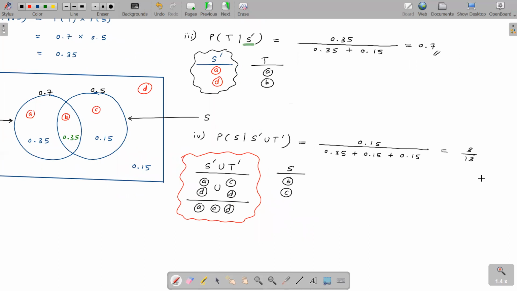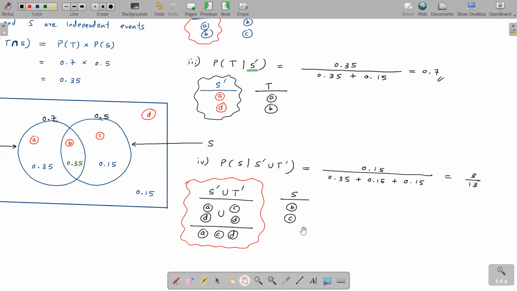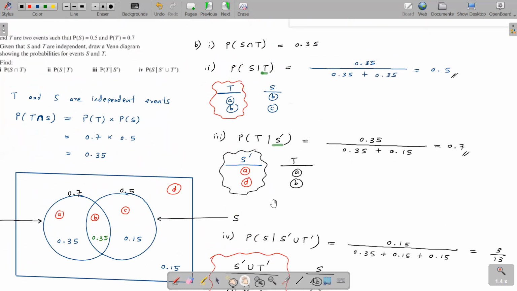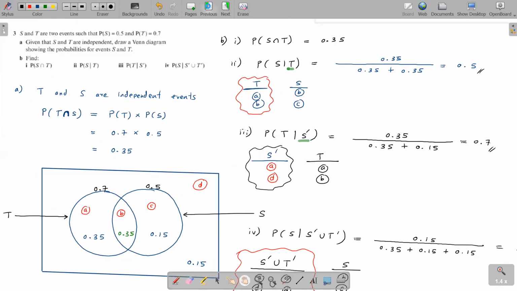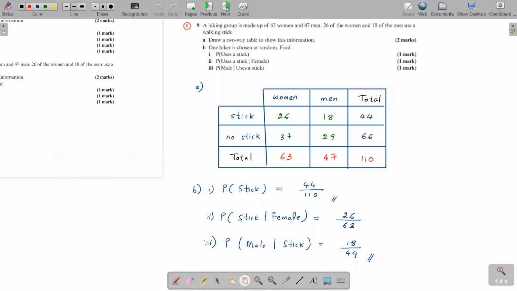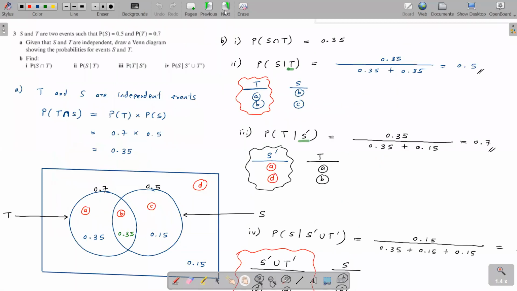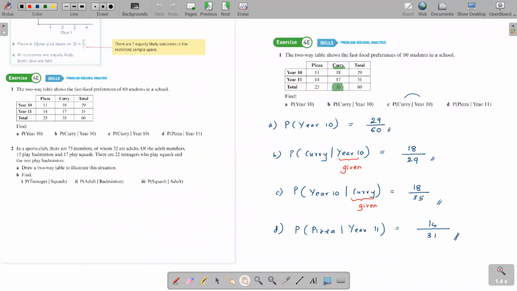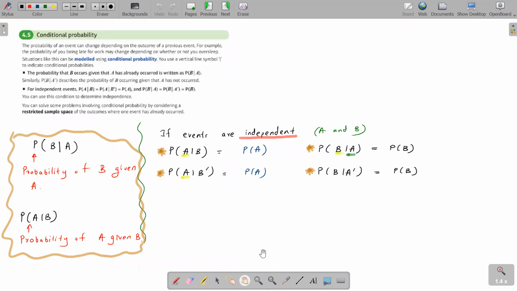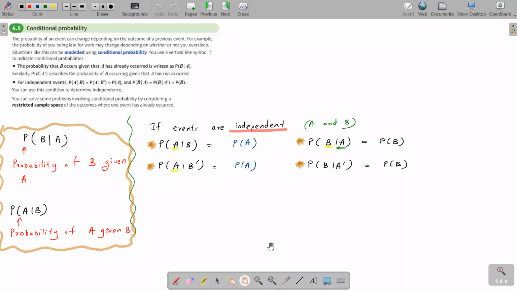Is that clear, guys? Over here, I want to emphasize one important thing. One rule. I did teach you at the beginning of this session something about conditional probability, right? At the beginning, I was talking to you about independent events and conditional probabilities with independent events.